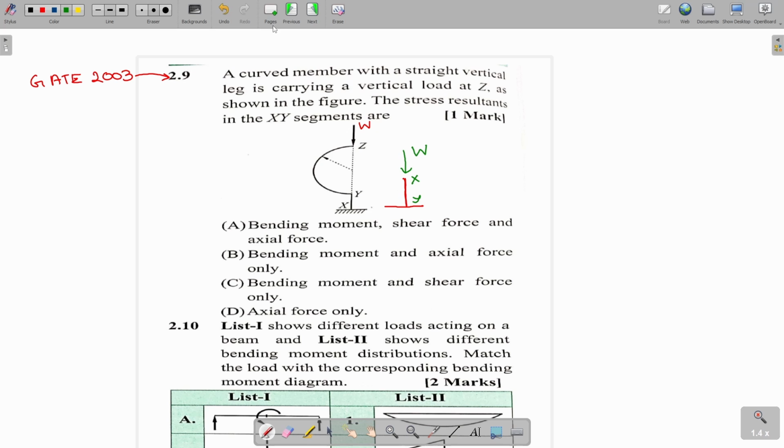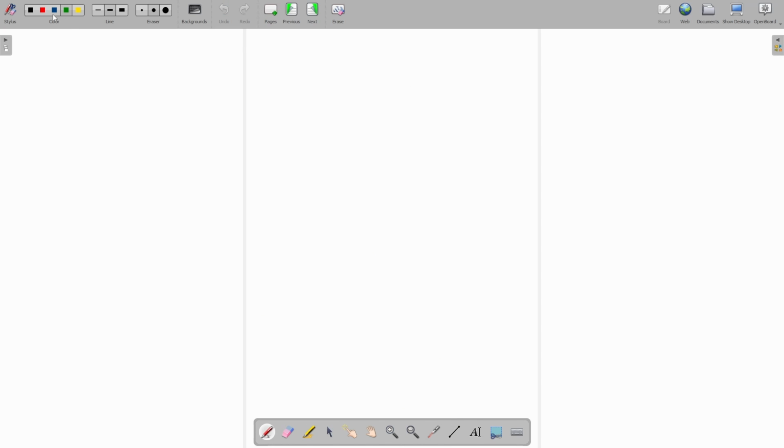So we can write like this: the load W passes through the longitudinal axis of the member XY.